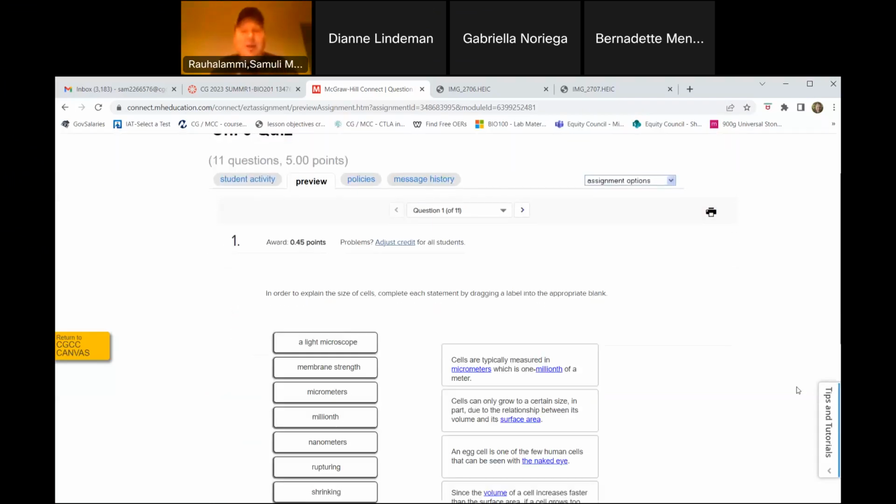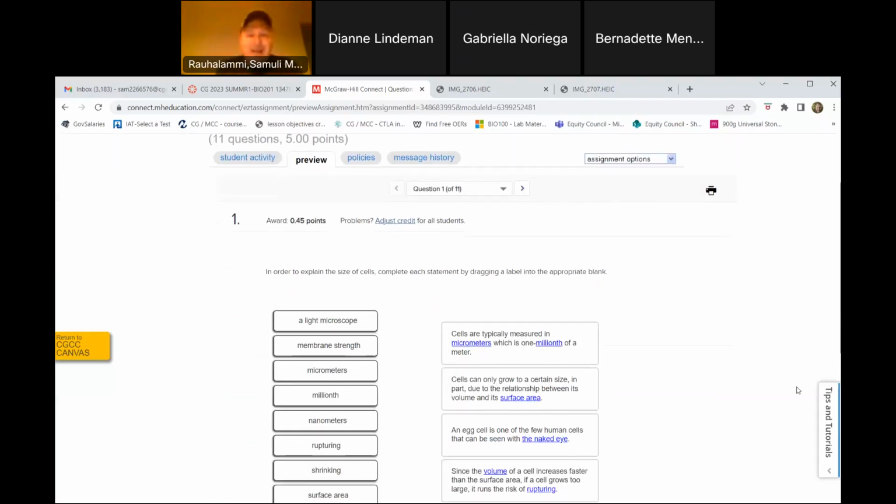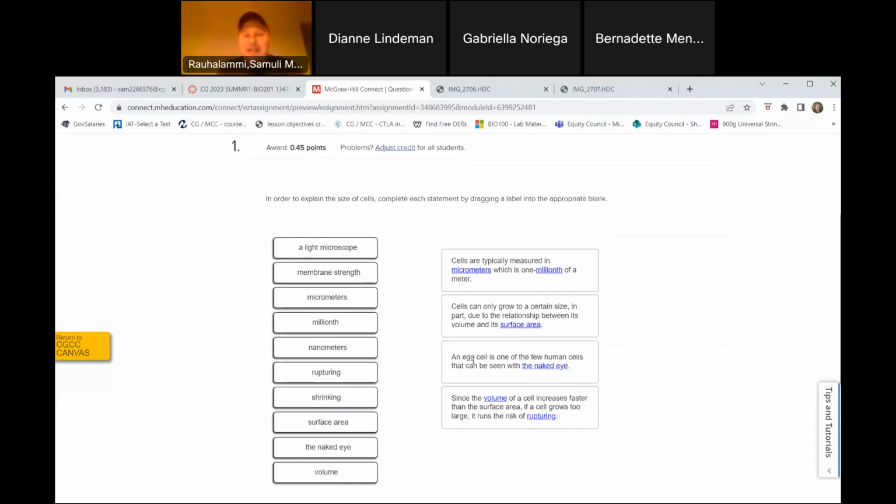So really quickly on here, we're starting with a question where you're completing sentences by dragging the correct terms. So cells are small typically, and there's a reason why cells are small. Cells are typically measured in scale of micrometers, which is 1/1,000,000th of a meter. So this goes back to when you learned about the metric system.